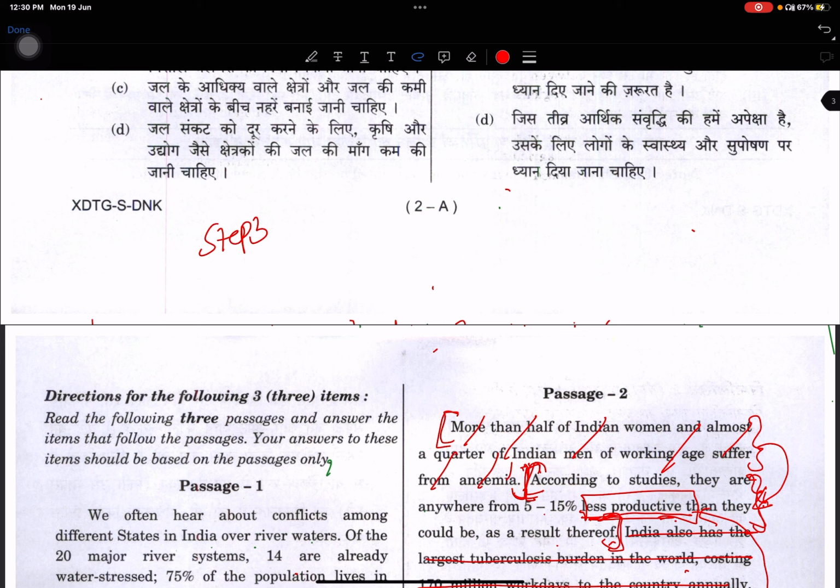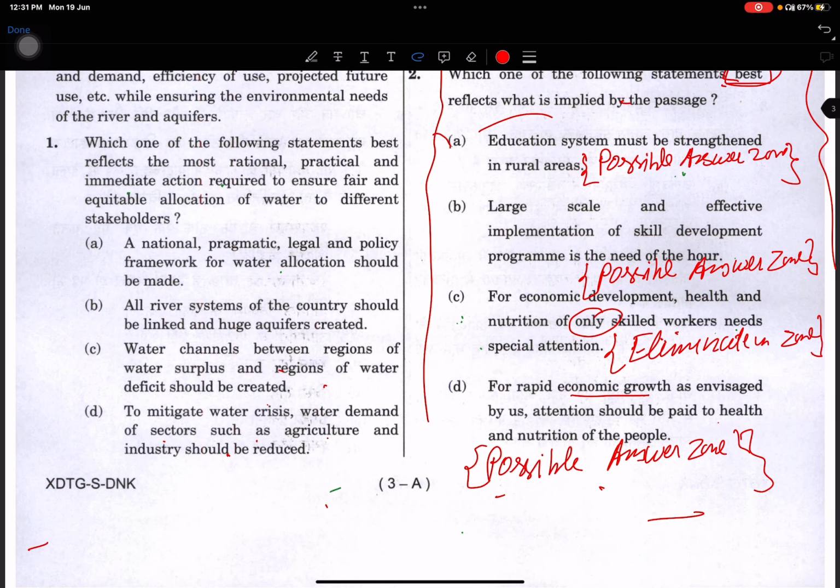In step 3, remember one thing: first we will read the options which we have kept in the elimination zone, and we clear whether it should be eliminated or not after reading the passage. That means we are confirming whether the option in the elimination zone should really be eliminated or not. Maybe our common sense has deceived us or something else has come into our mind. So we will first read option C, because this is the only option in the elimination zone. For economic development, health and nutrition of only a skilled workers needs a special attention.